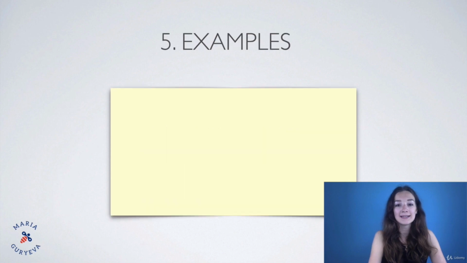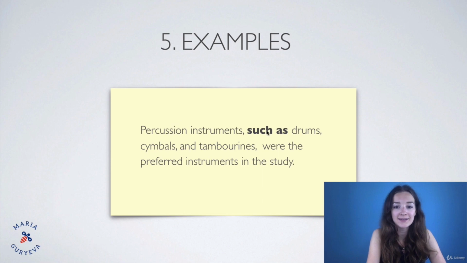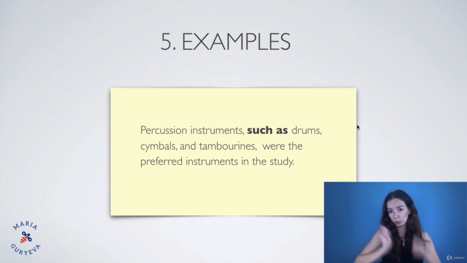The next one is examples. Sometimes we don't have the definition of the word, but we have examples, and from the examples it's very easy to understand the word. For example, "Percussion instruments such as drums, cymbals, and tambourines were the preferred instruments in the study." We don't know what percussion instruments are, but we have all these examples. We know drums, cymbals, tambourines, right?